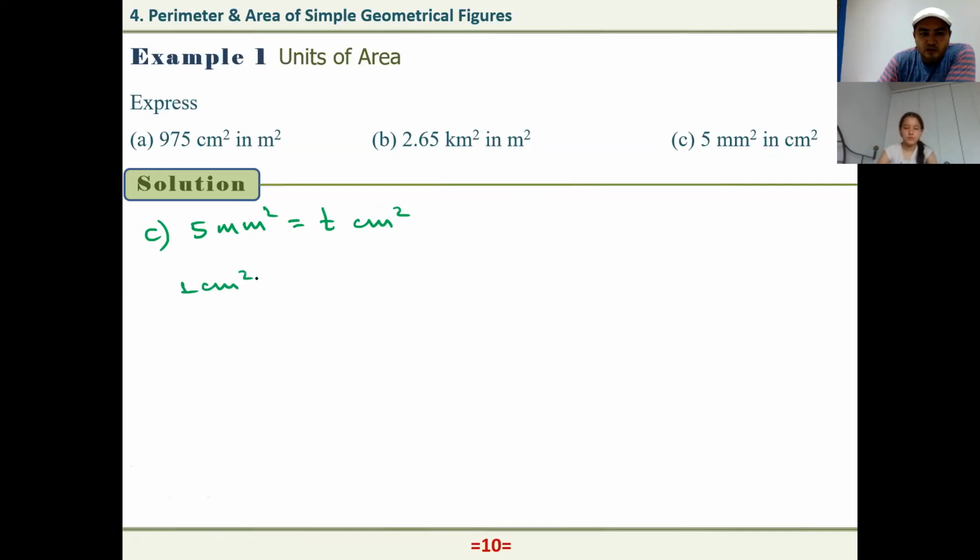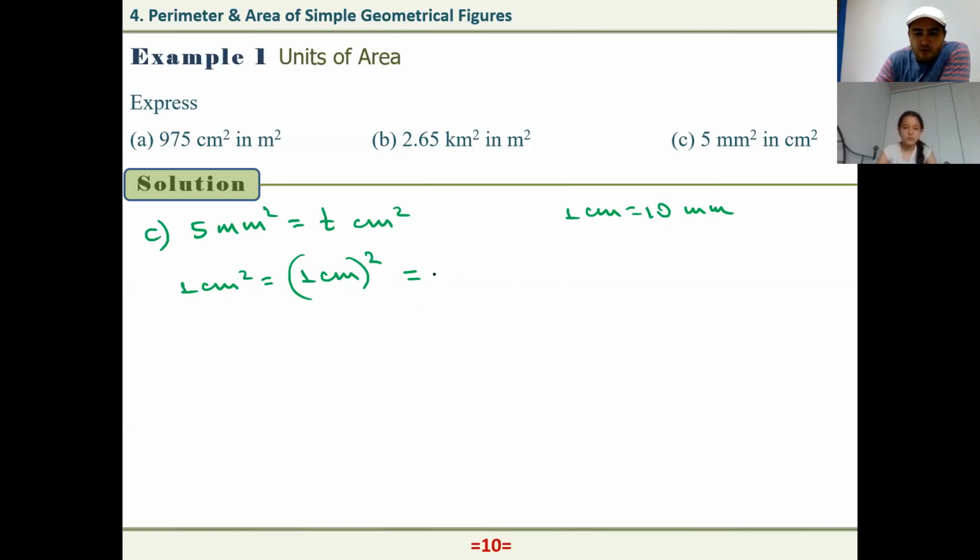We know that 1 centimeter squared, I can also write it like 1 centimeter times 1 centimeter. So what is 1 centimeter? We know that 1 centimeter equals 10 millimeters, right? Here we are just converting units from one unit to another one. That is decimal notation. That's why it is pretty easy.